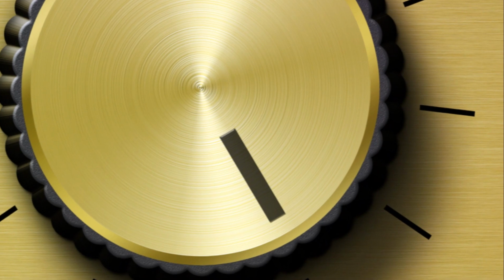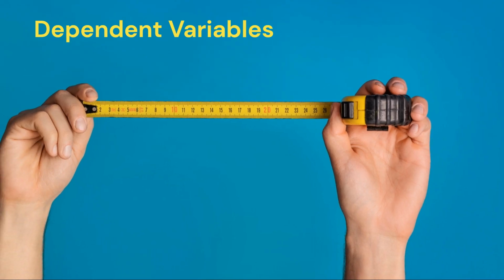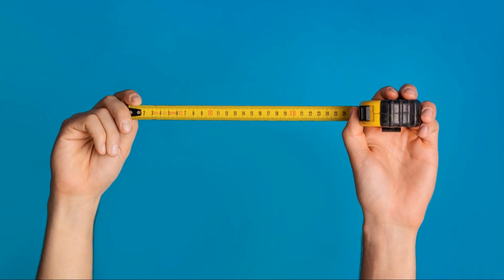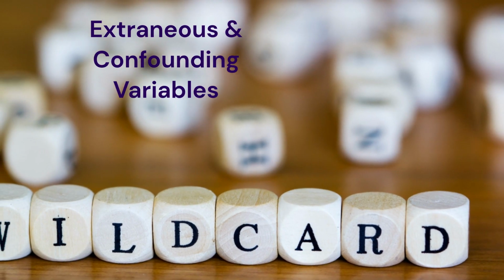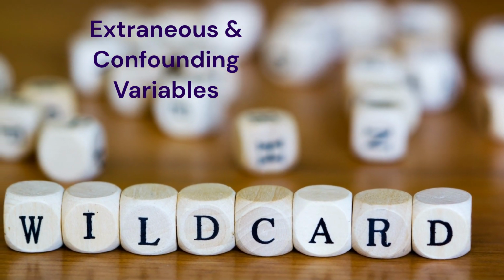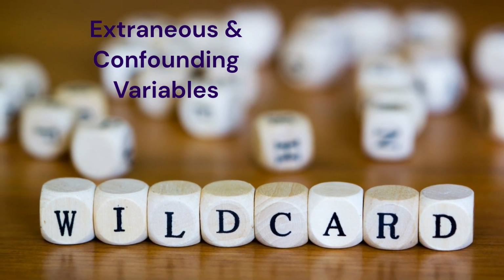Next, we have dependent variables, the outcomes that researchers measure, which are assumed to be affected by the independent variable. Lastly, we have extraneous and confounding variables. These are the wild cards, the unpredictable factors that could potentially influence the outcome of a study. Stay with us as we delve into each of these variables, starting with the controlled variable.